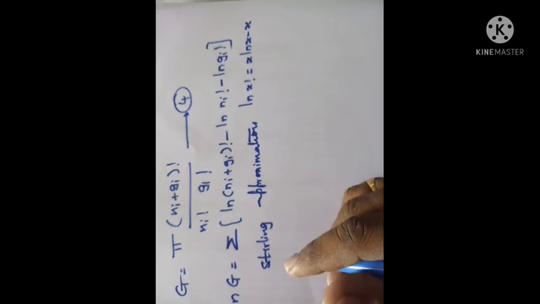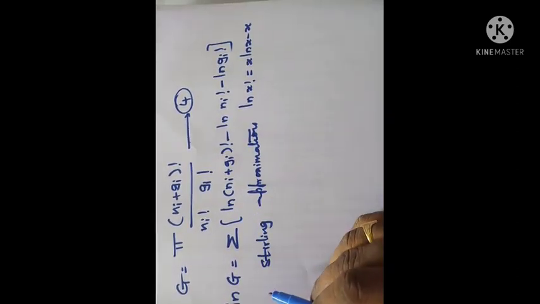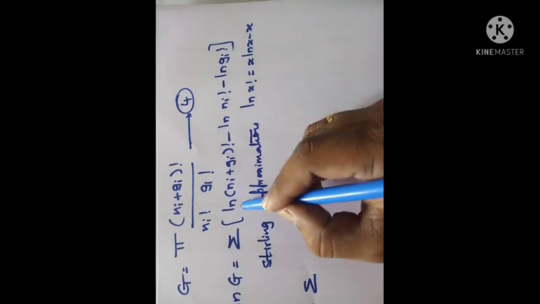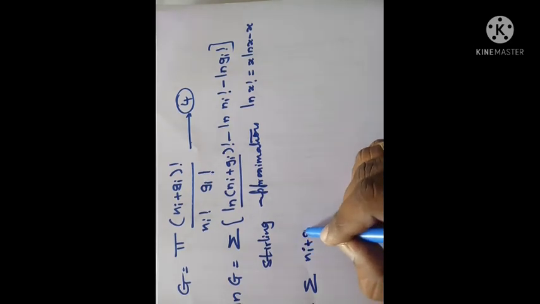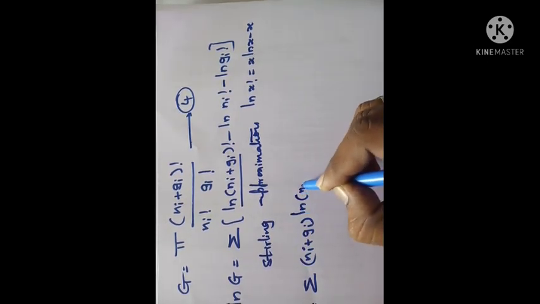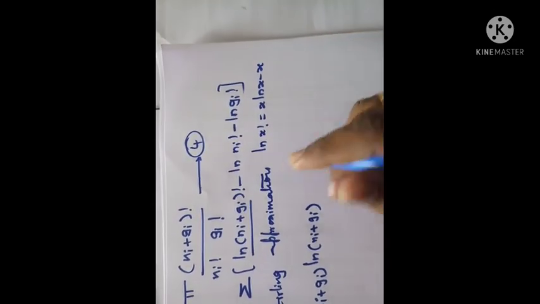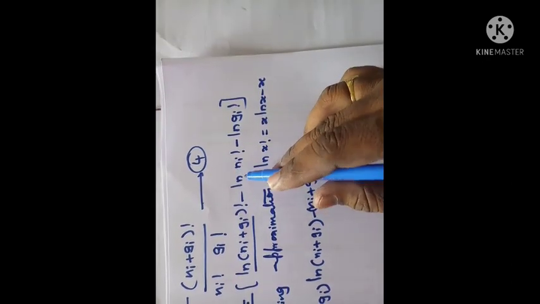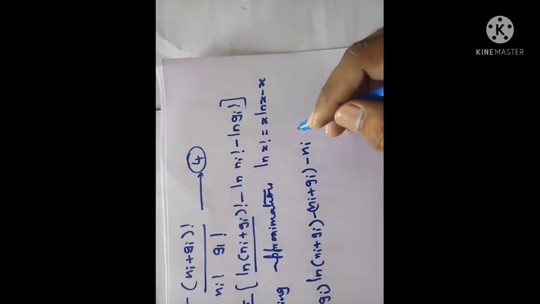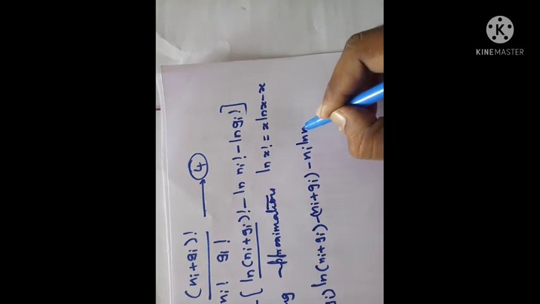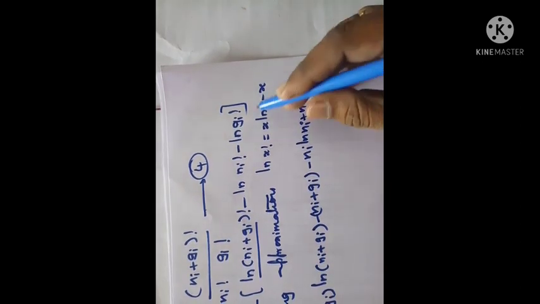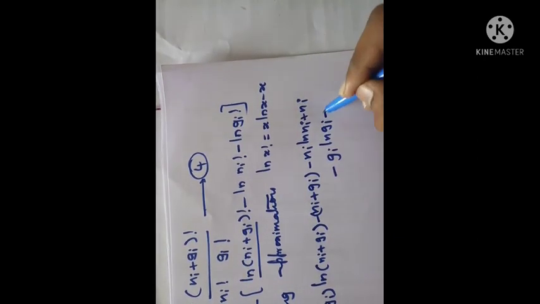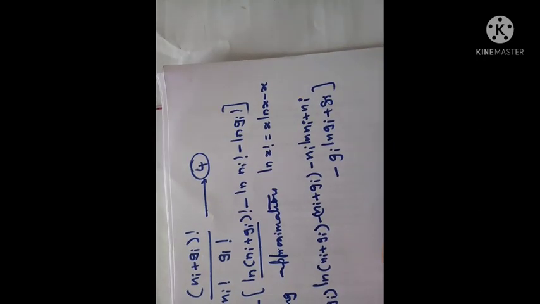Okay, so if we apply this formula to the above expression, we'll get ln G equal to the summation of (ni + gi) ln (ni + gi) minus (ni + gi). Next this can also be written as ni ln ni minus ni, and similarly minus gi ln gi minus gi. All right, we'll get this here.